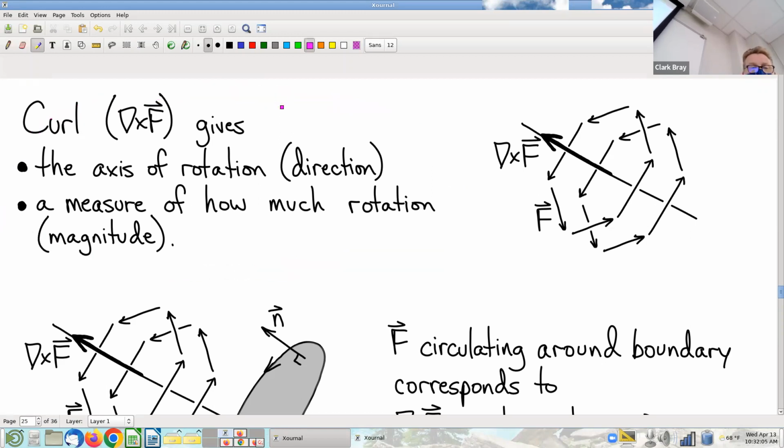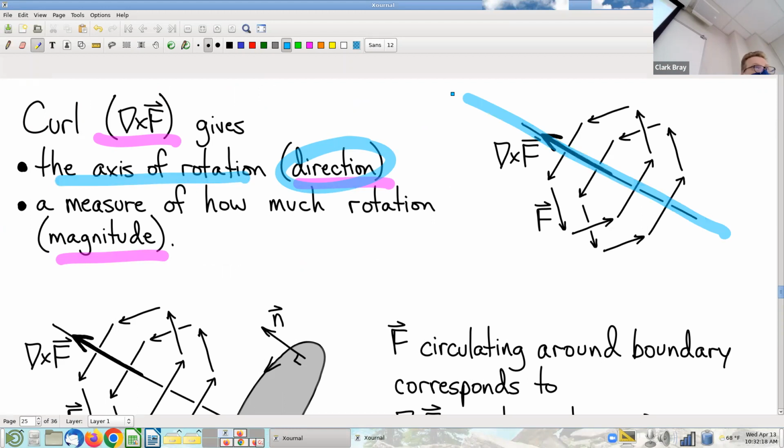The curl, having a direction and a magnitude, the direction tells you the axis that this fluid is circulating around, and the magnitude tells you, in some sense, how much.